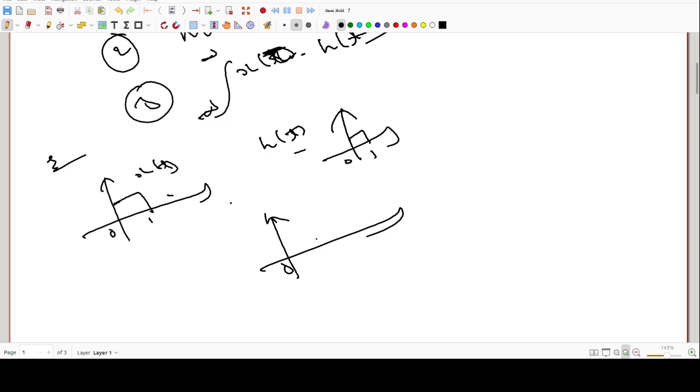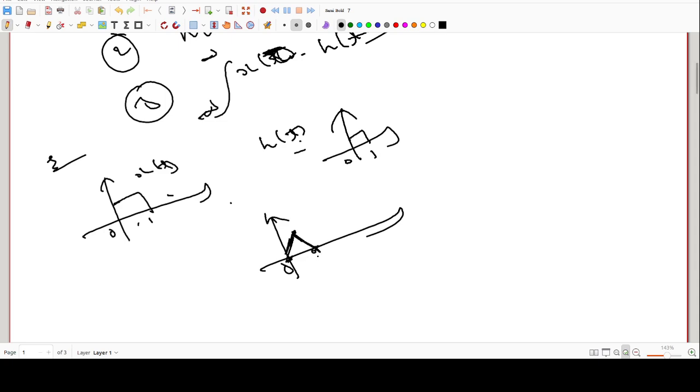But as h(tau) flips and shifts by time t, the overlap grows, it goes to a maximum, and then the output falls back to 0.